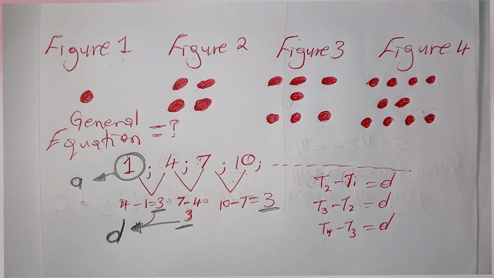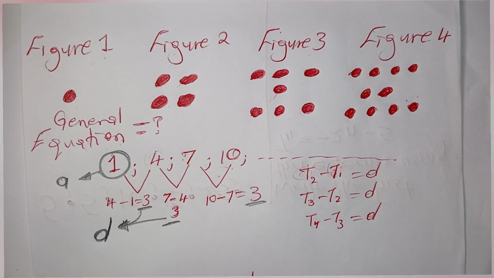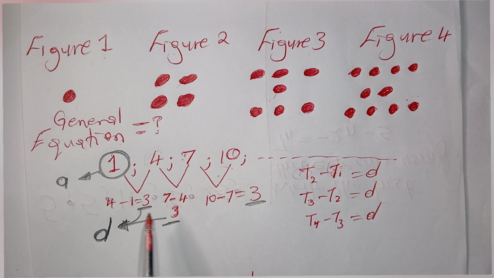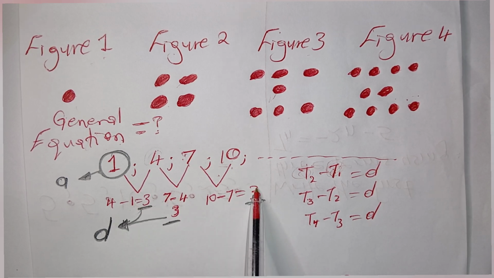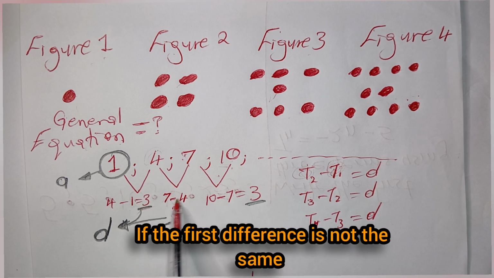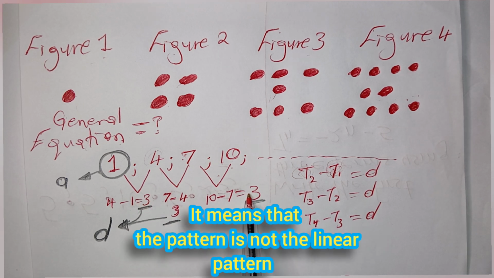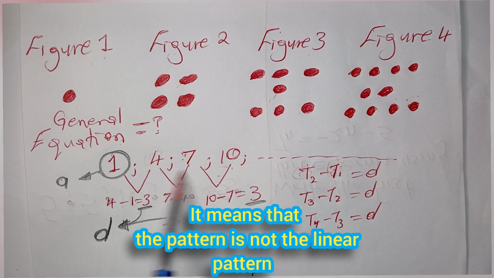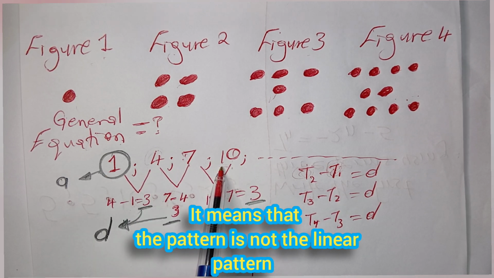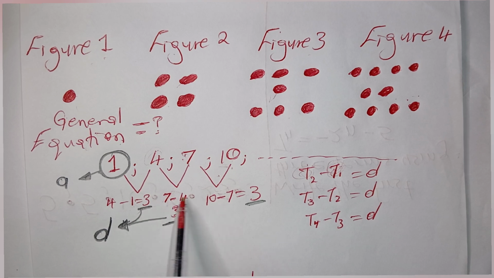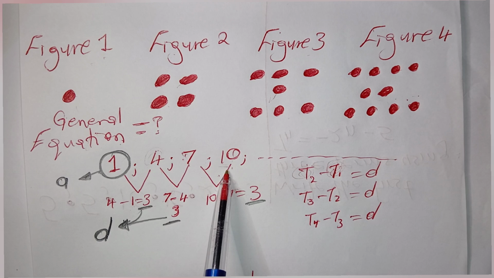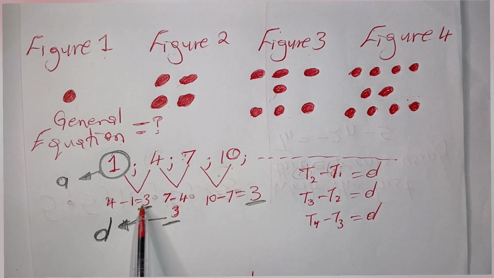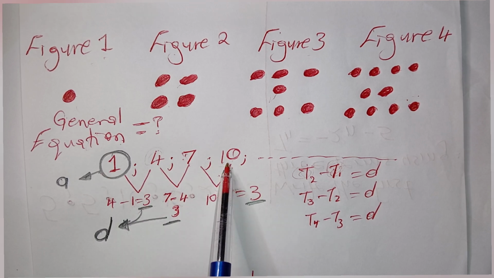Your difference must be equal here and there. If the first difference is not equal, it means the pattern is not a linear pattern. But because our first difference is the same, it means this is a linear pattern.